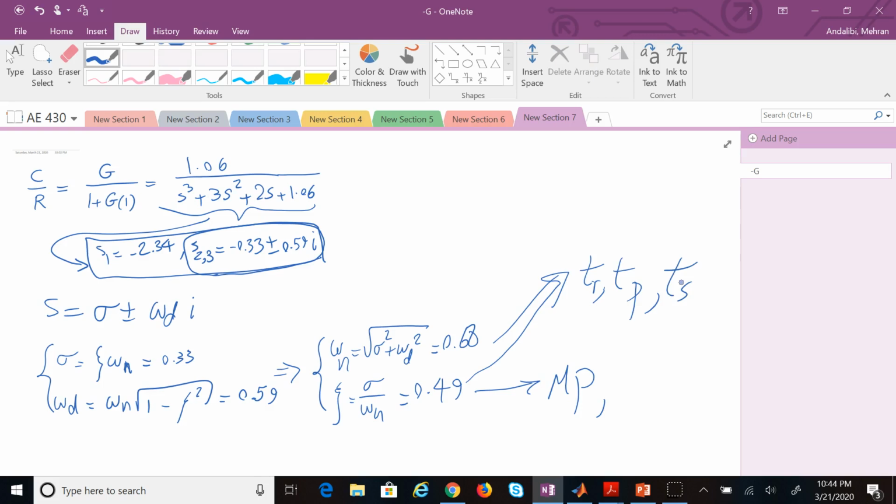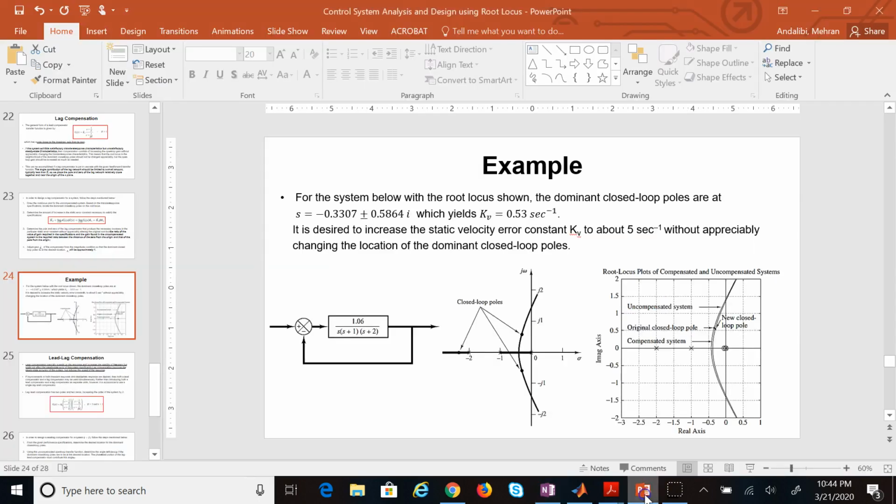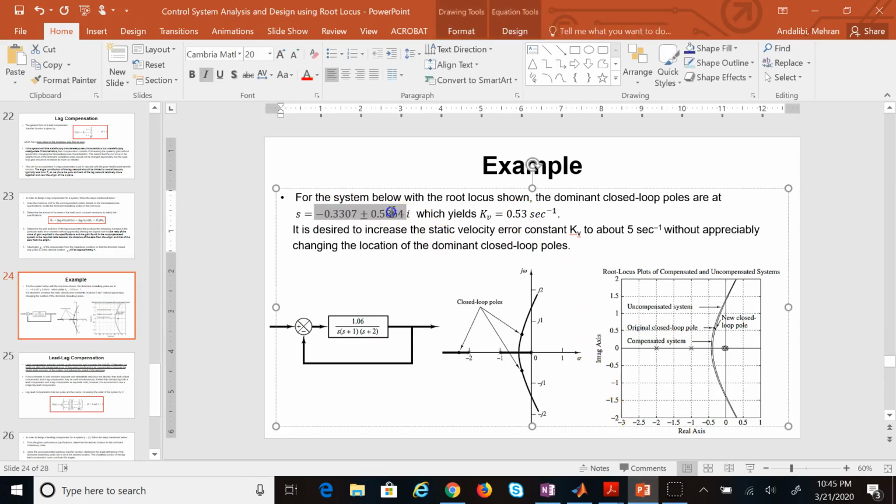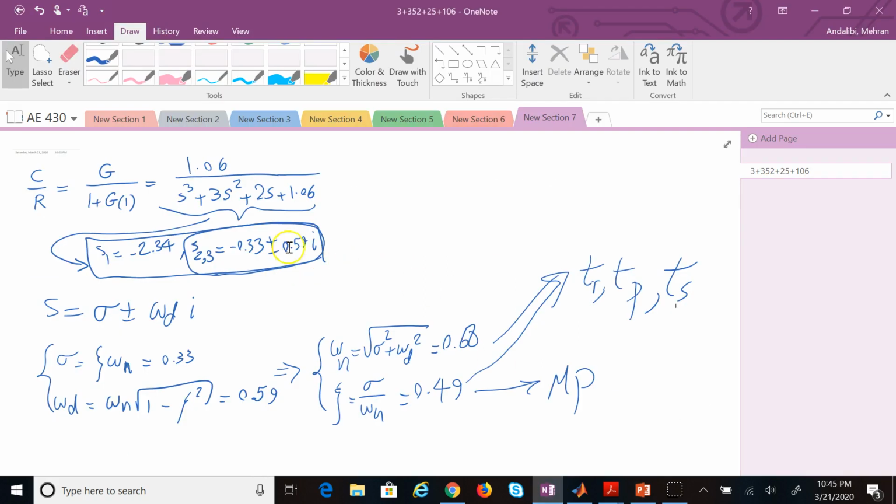So we can completely define from these dominant poles the transient response of the system, which we are happy with. But now it says it will put the KV at some number, right? So it says the KV of this system is 0.53. Is that the case? Let's just check it. By the way, you see these poles are exactly what I found here for you.